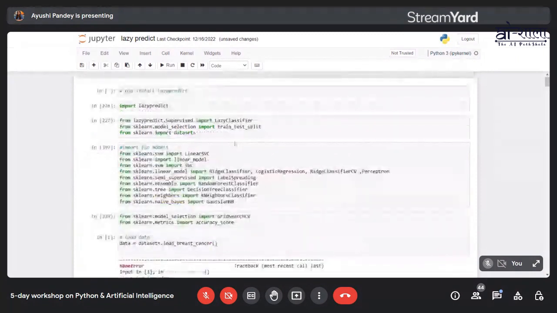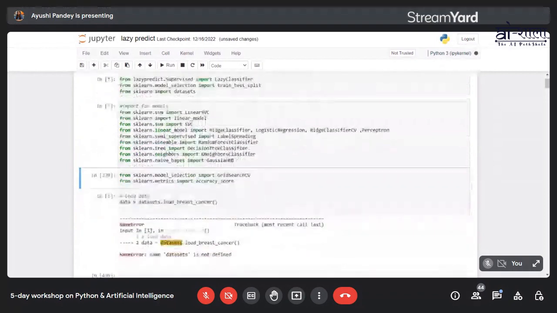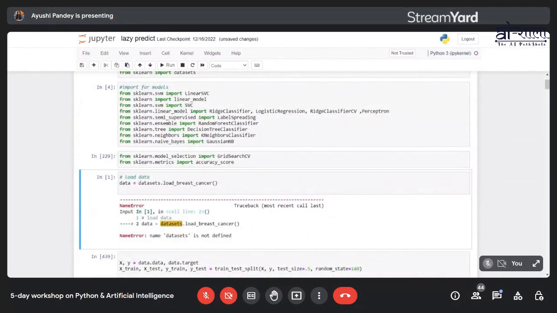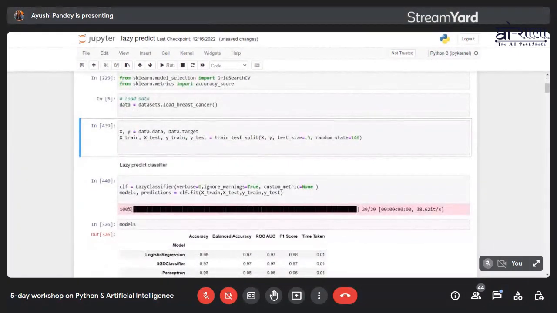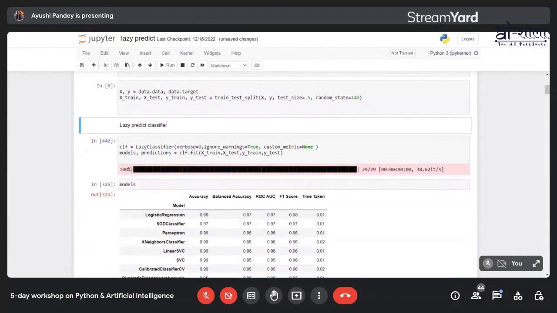Sorry, I'll have to load this. So I'm taking the data set as previous and splitting it. This is a classifier available on GitHub. If anybody is interested, he or she can look for this classifier and run it.